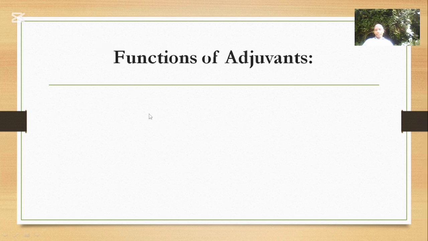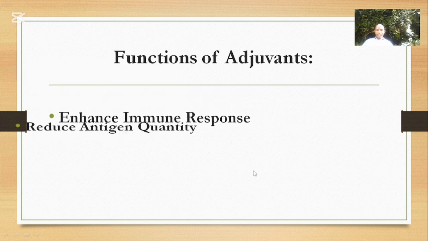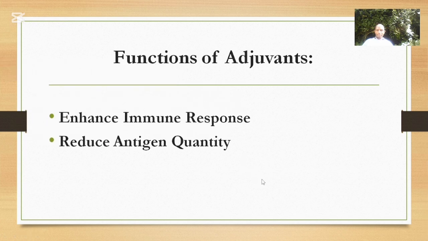The adjuvants function in the following ways. They can enhance immune response, and they can reduce antigen quantity. It means when there is an adjuvant, we don't need a high quantity of antigen. That's why they say it can reduce the antigen quantity.